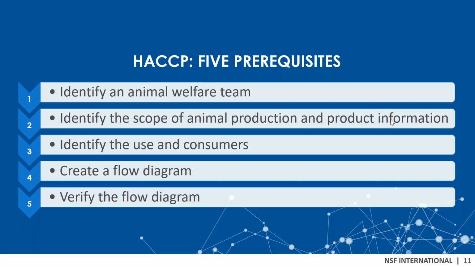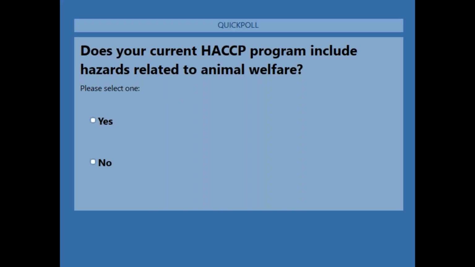Now, I know a lot of you will have HACCP plans in place on a food safety side, and I'm going to launch this little poll now. We'll come back to it and get a sense for it, but the poll is out there, and the question is, does your current HACCP program include aspects of animal welfare?